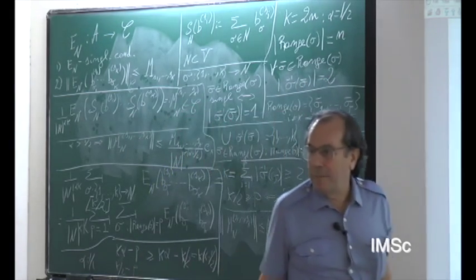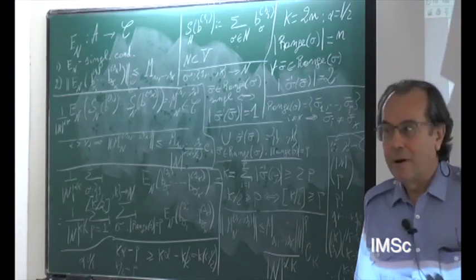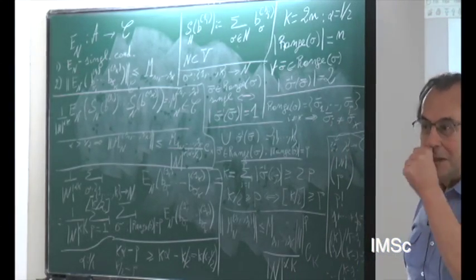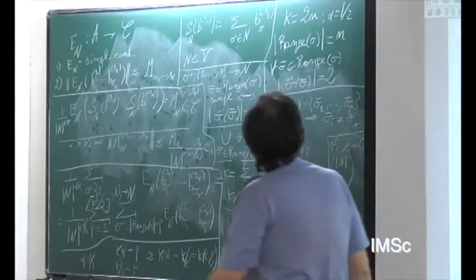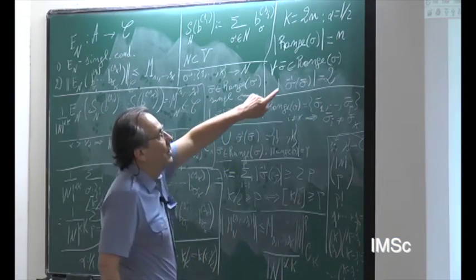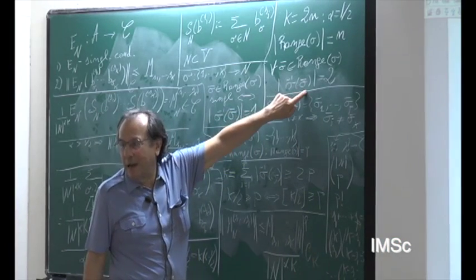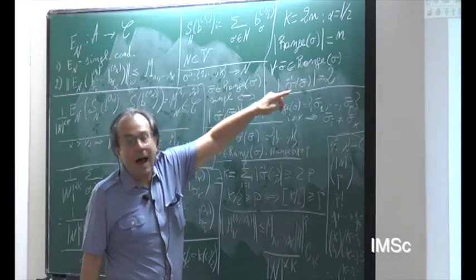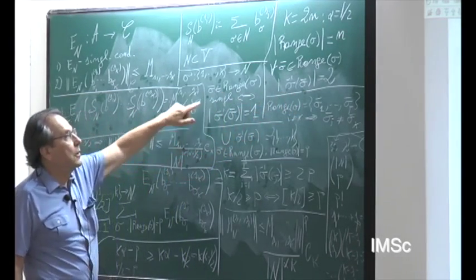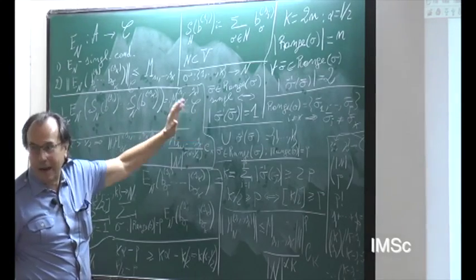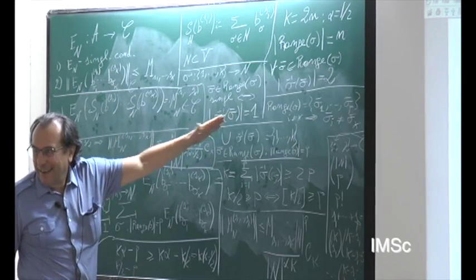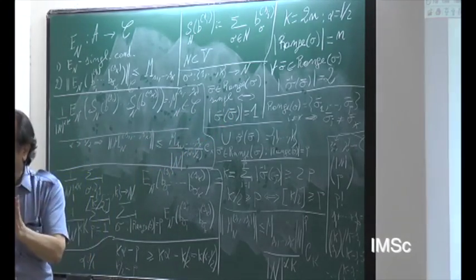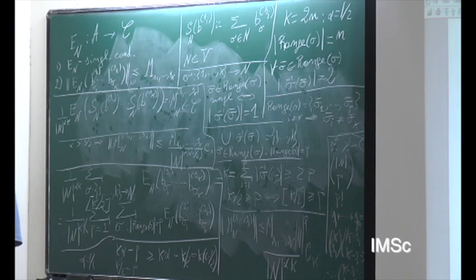This is why pair partitions come out. Because this means that the family of all sigma inverse images of the range is a partition of the set 1 up to k. And each element of the partition has cardinality 2. These are the famous pair partitions. Okay?